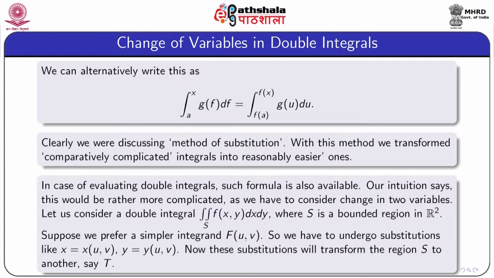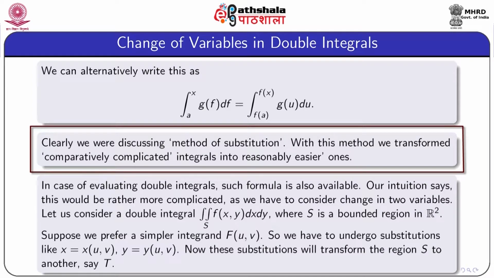We can alternatively write the integral from a to x of g f df equal to the integral from f a to f x of g u du. Clearly, we are discussing the method of substitution for integrals.